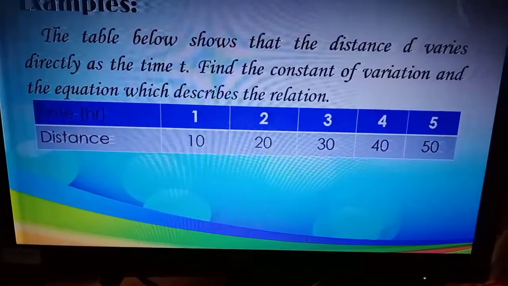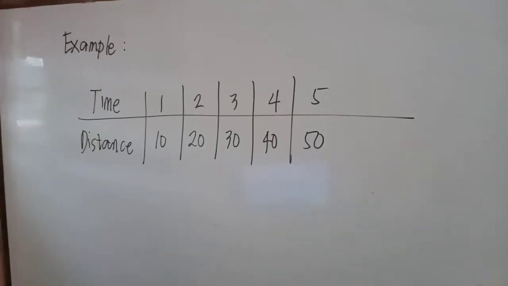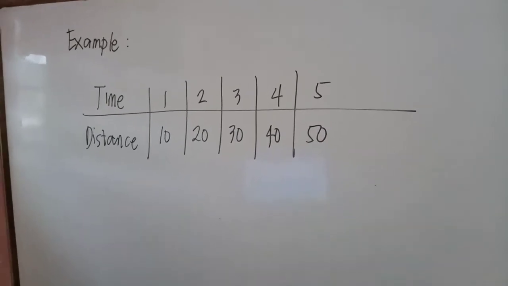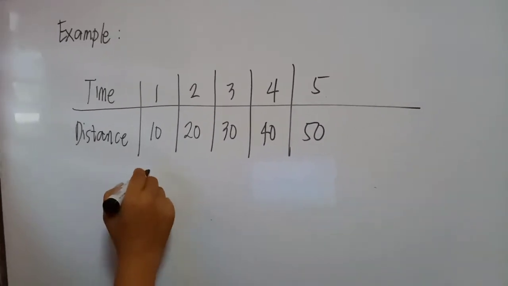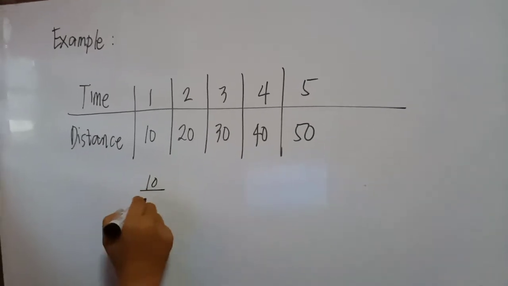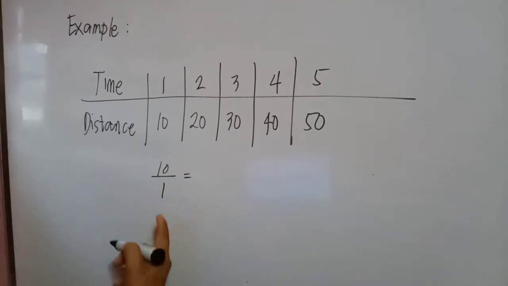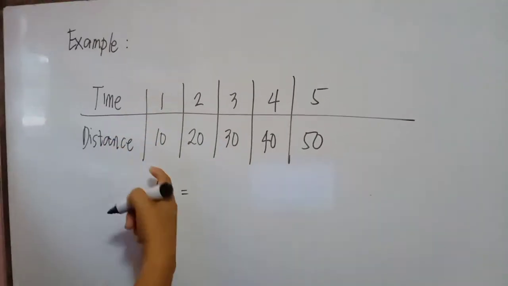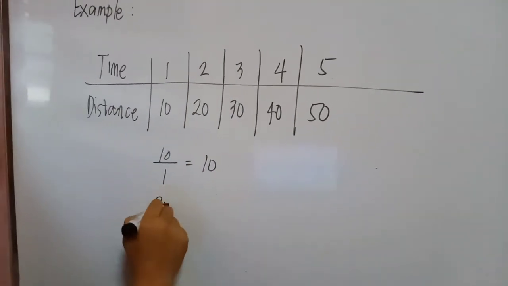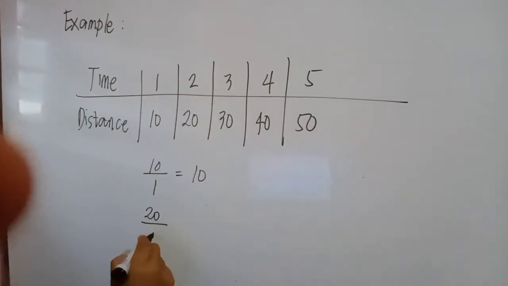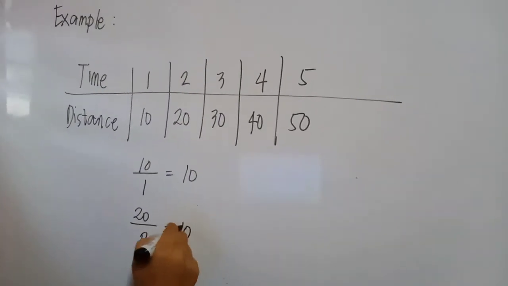So let me show you the way. To get the constant of the variation, you need to find the constant ratio. So just get the quotient of distance over time. 10 over 1 is 10. We have 20 over 2 is 10.